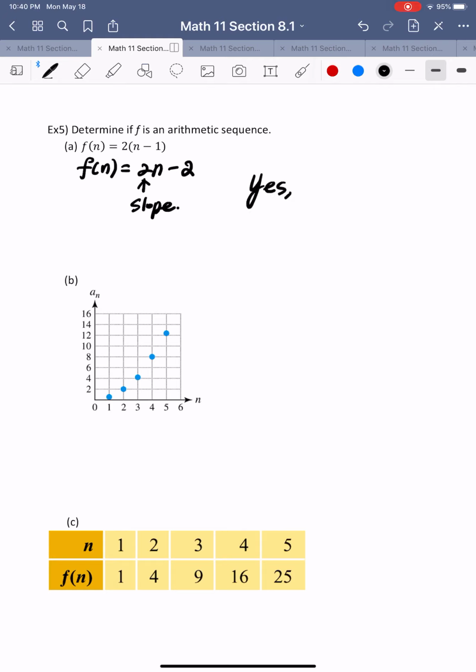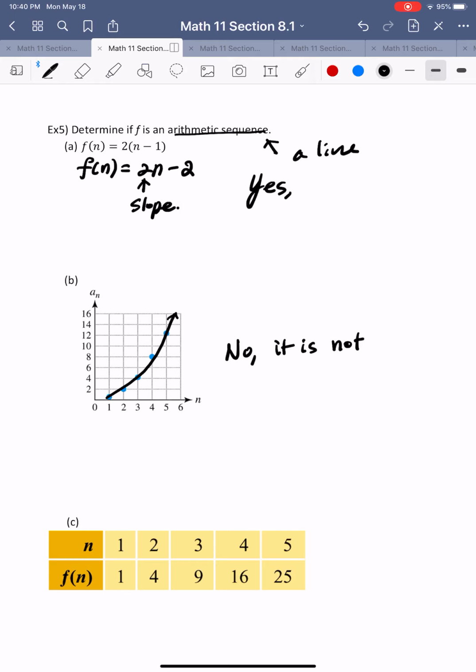But for B, an arithmetic sequence means you have to have a line. But when I'm connecting these points, it looks like a curve to me, right? So no, it is not an arithmetic sequence, okay?